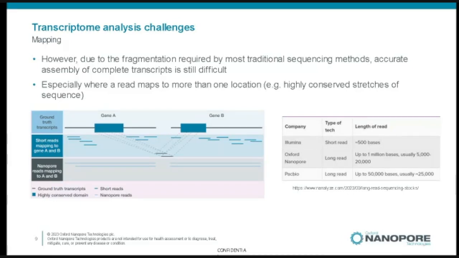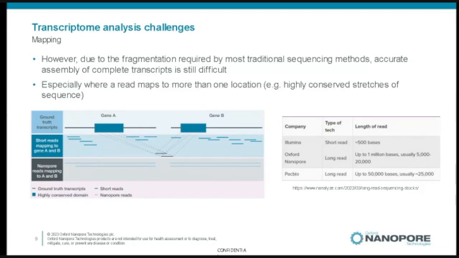After the sequencing, bioinformatic analysis is then used to stitch all these short reads back together or map them back to their respective genes. Showing on the image on the left here, we have the reference on the top, the ground truth transcripts, gene A and gene B. When we are mapping the short reads, in some cases we have a sequence that can map to more than one location.